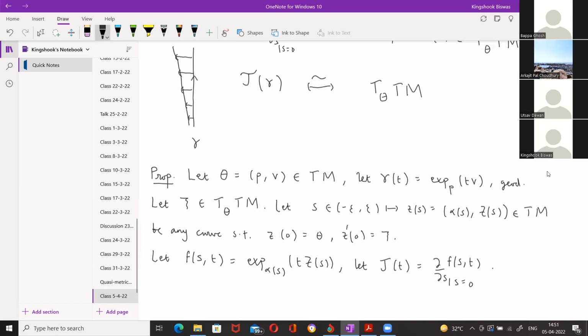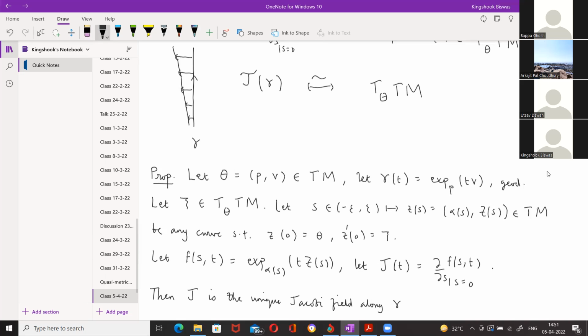Then j is the unique Jacobi field along gamma which will depend only on xi.